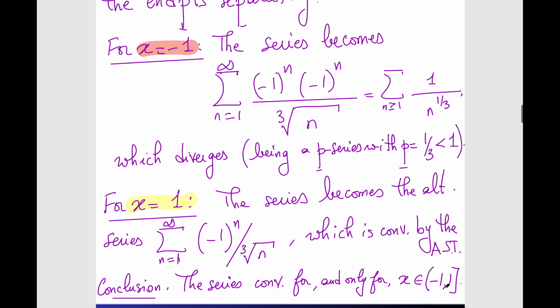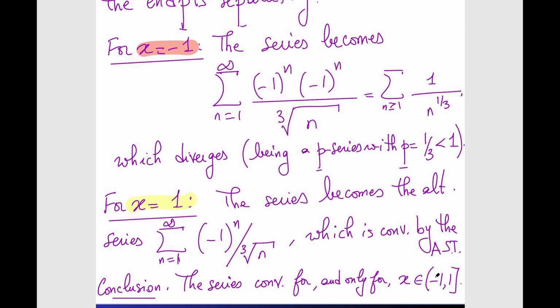In all three cases, I want you to observe, we had convergence in an interval. Either between -1 and 1 in this case, all of R in the previous case, and the single point 0 in the first case.